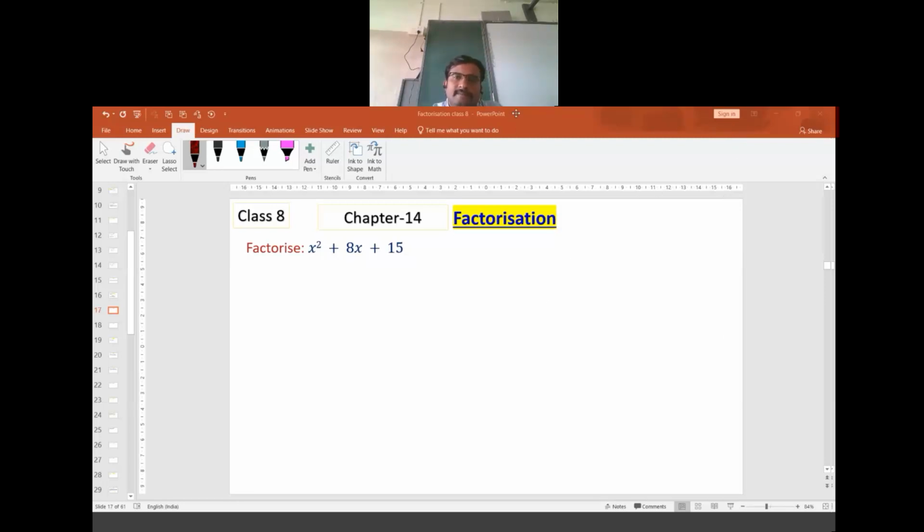So we'll take 5 and 3. Suppose 5 is considered and 3 is considered, here the sum becomes 8 and the product will become 3 into 5, which is 15. Can we use that?